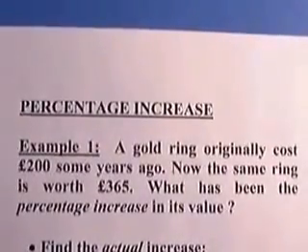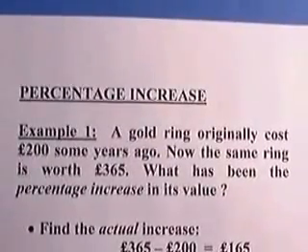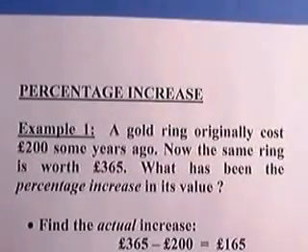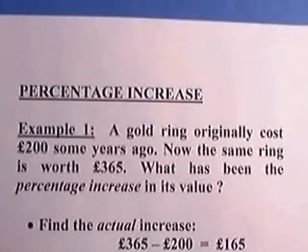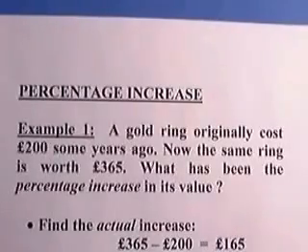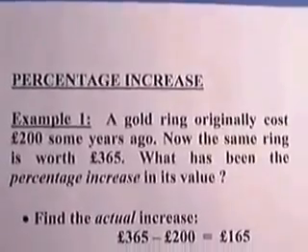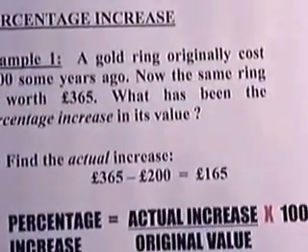Well, the first thing you've got to do is find the actual increase. The actual increase is the difference between the two values. So I've taken the £200 away from the higher value, and I've got £165. In other words, it's gone up by this amount.